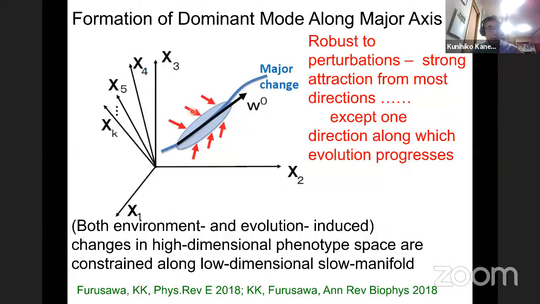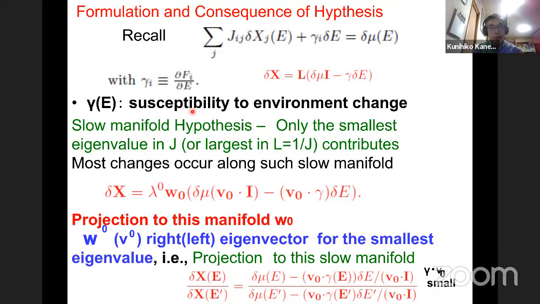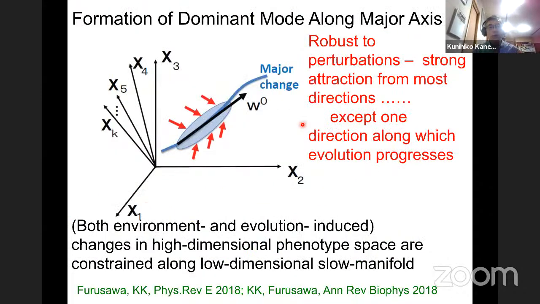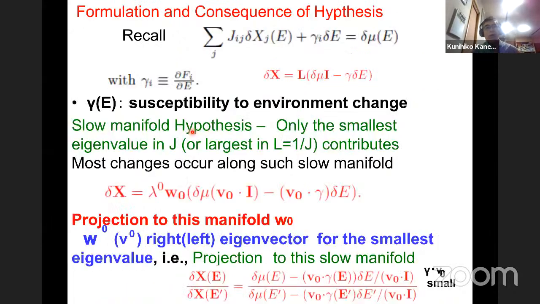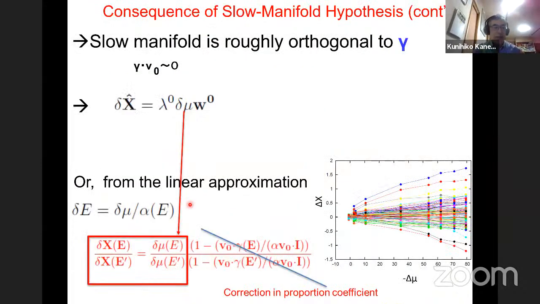And assuming this kind of structure, we can rewrite the previous theory. But in this case, one eigenvalue is dominant. So only one mode is very slow, and the other modes are very fast. So from this, we can consider only one mode. And then by simple calculation, we can derive the previous experimental result, or theoretical result.